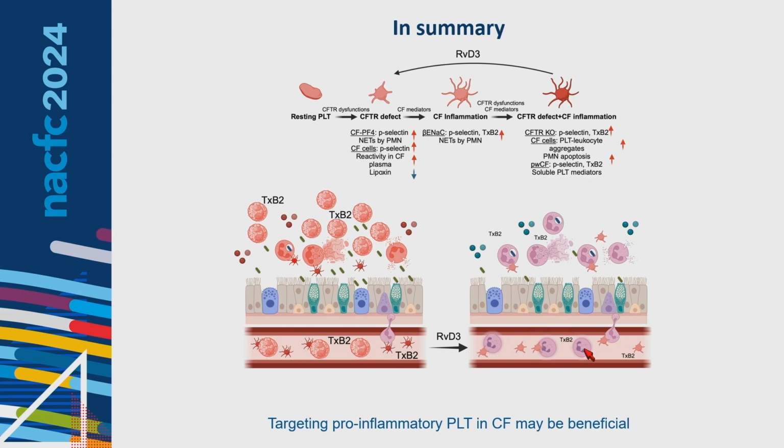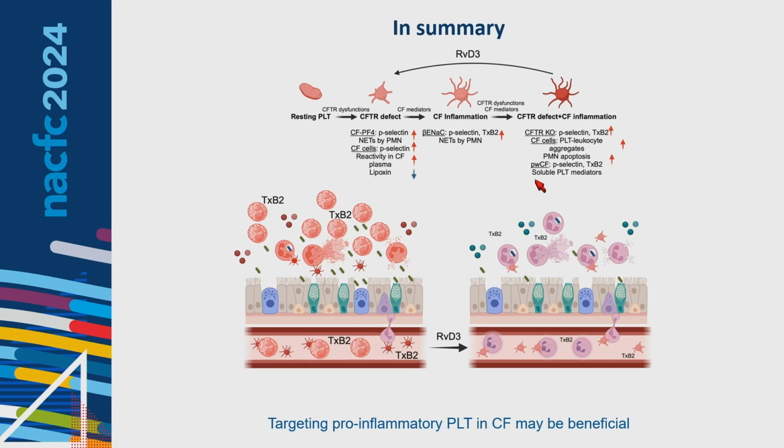This leads to, let's say, less pro-inflammatory and more pro-resolutive neutrophils that migrate into the lung, where they are more able to control bacterial growth together with platelets in a pro-resolutive environment.